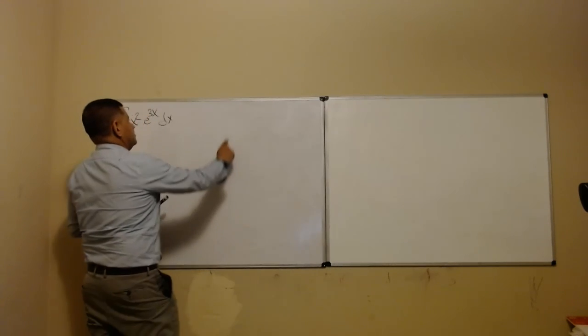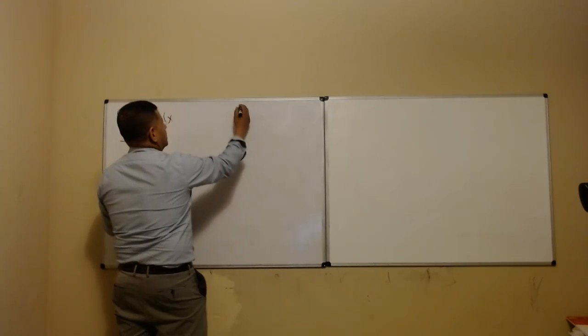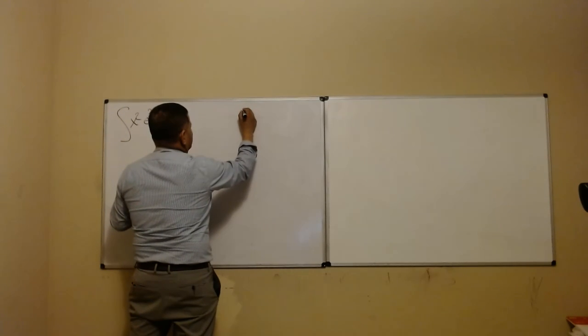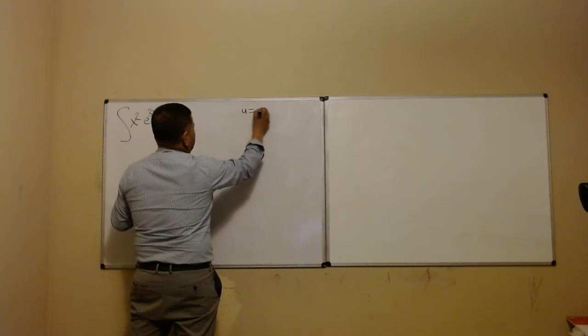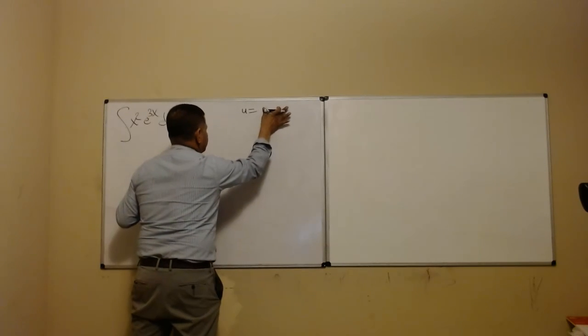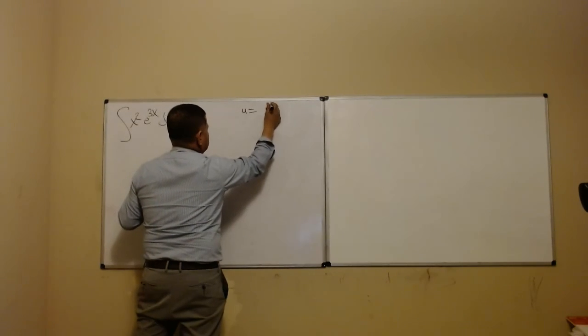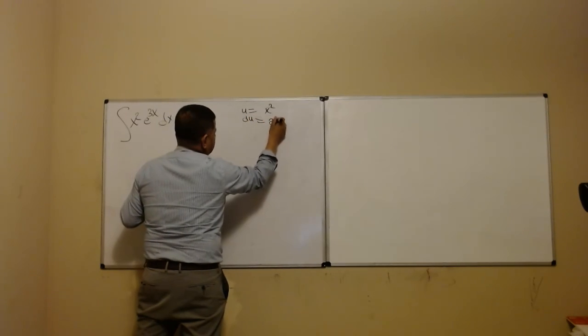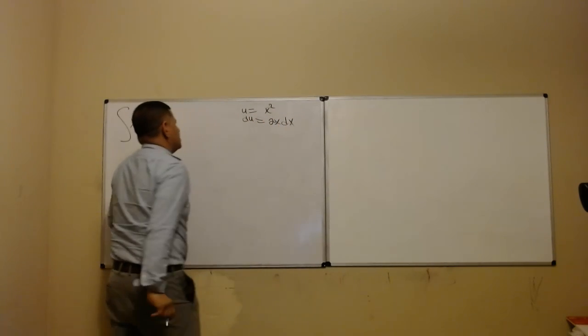Okay, so we let u equal x squared, and du is equal to 2x dx.